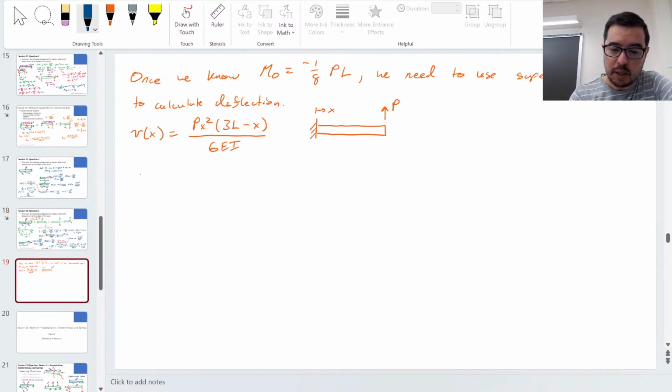So what we're saying is, we're interested in the deflection in the middle when there's a force P being applied this way.